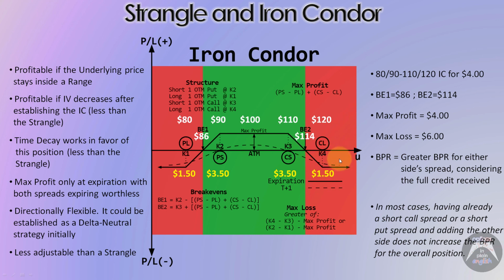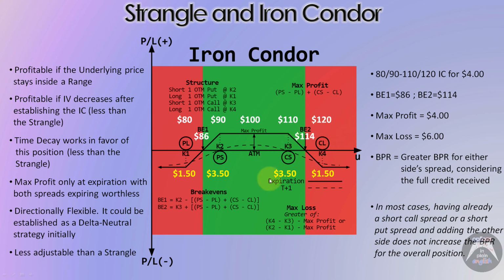So many traders, what they do is they put on an iron condor and they leave it on like that and then wait for expiration to see what happens. That's one approach, not to do any adjustment because it's so cumbersome to perform these adjustments on two legs.